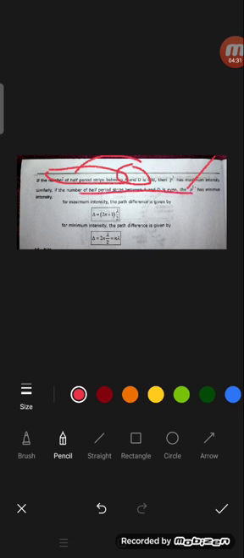If the number of half period strips is even, then we get P dash as a minimum intensity. For the maximum intensity, delta is equal to (2n plus 1) lambda by 2. For the minimum intensity, delta is equal to 2n lambda by 2, that is, n lambda.